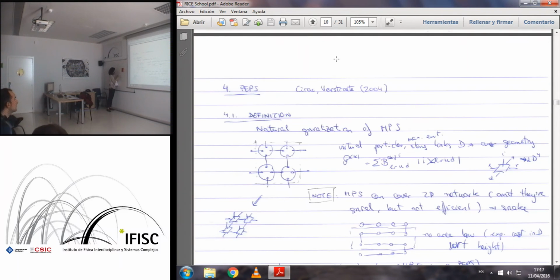And then you can just map all the local virtual degrees of freedom to the local physical ones. Instead of a two-to-one mapping as we had before, now it will be four, right? So we will have left and right and up and down pairs in general, like if you look at this site, right? So this would be left, right, up and down, for instance, with this orientation.